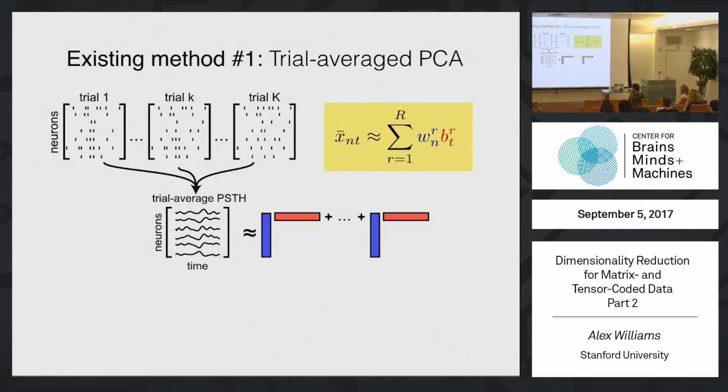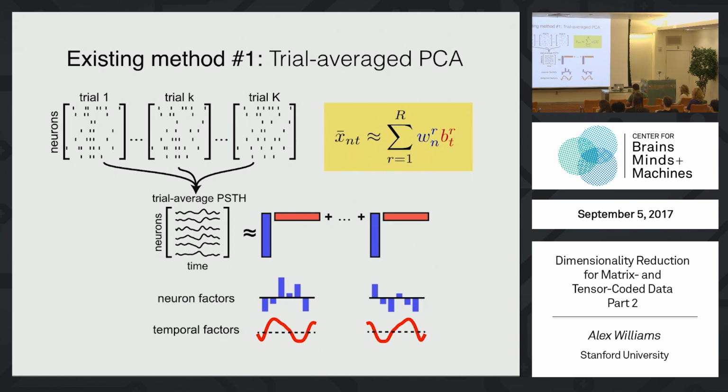So neuron n at time t is a sum of r principal components, where each component is a low-dimensional representation of the neurons, or a neuron factor, times a low-dimensional representation of the temporal dynamics within trial. So you can think, again, about each of these blue vectors as a bar graph, giving a weight for each neuron, and the red vectors as being a smooth temporal trace.